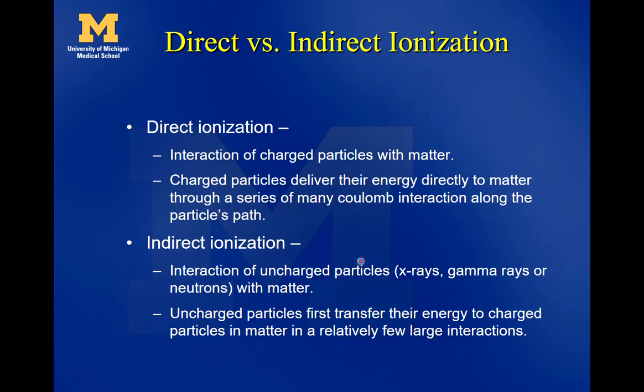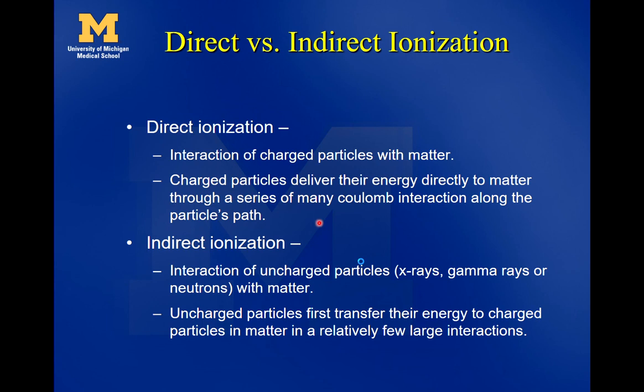And this gets into, sometimes we use these terms direct versus indirect ionization. Direct ionization is the interaction of charged particles with matter. Charged particles deliver their energy directly to matter through a series of many Coulomb interactions along their path length.